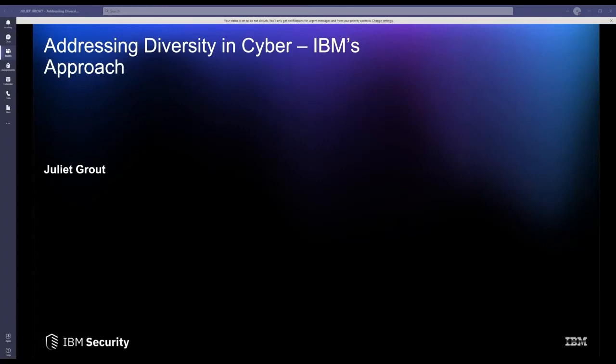Okay, so to retain more diverse talent in your workforce, I personally believe that you need to have a diverse approach. I don't think it's one size fits all. Certainly in IBM we have quite frequent employee surveys to look at what people want. Different people have different wants and needs. I think obviously with COVID at the moment, some organisations have responded well.